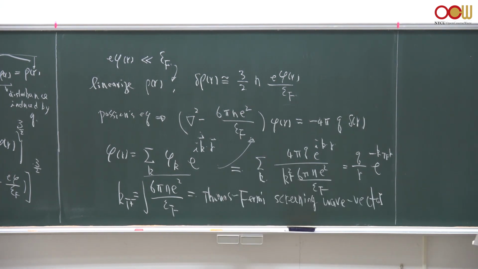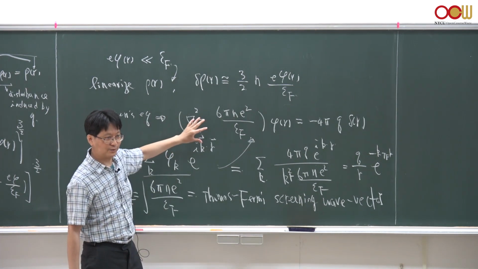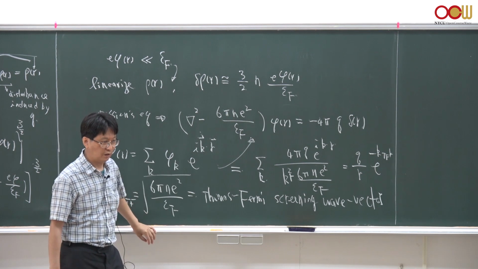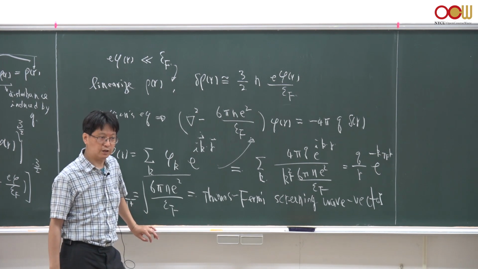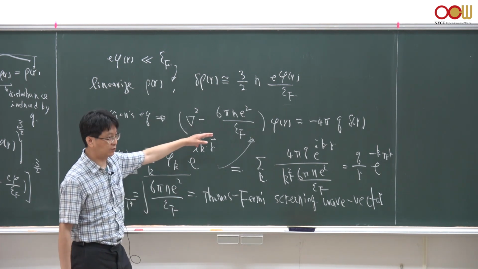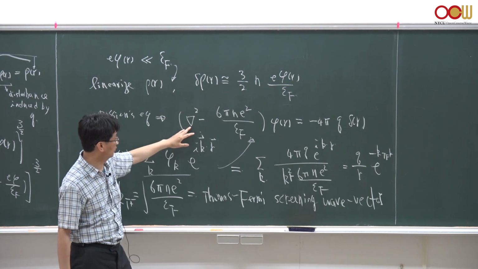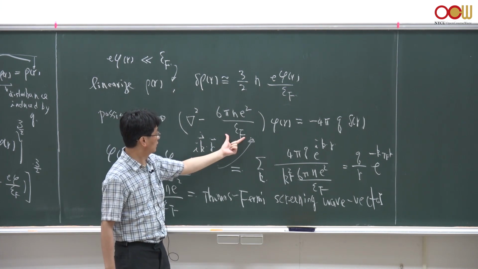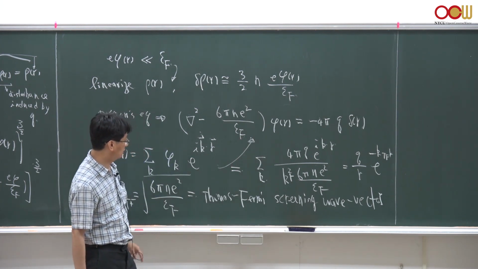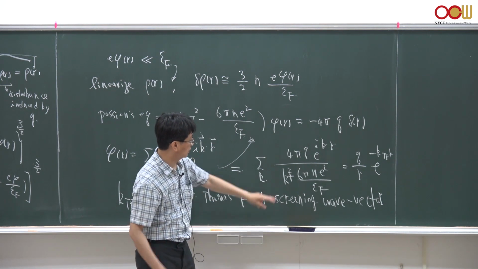So you simply plug this Fourier transform back into the Poisson equation, and I'm skipping some details, but you know what to do. It's very close to your exercise in classical electrodynamics, and you solve this electrostatic potential by solving this Poisson equation. The only thing that makes some difference is that there's a constant here, and this constant will lead to a constant in the denominator in addition to the k squared.